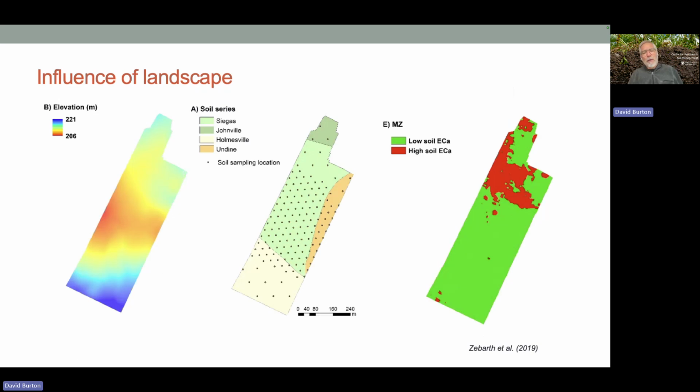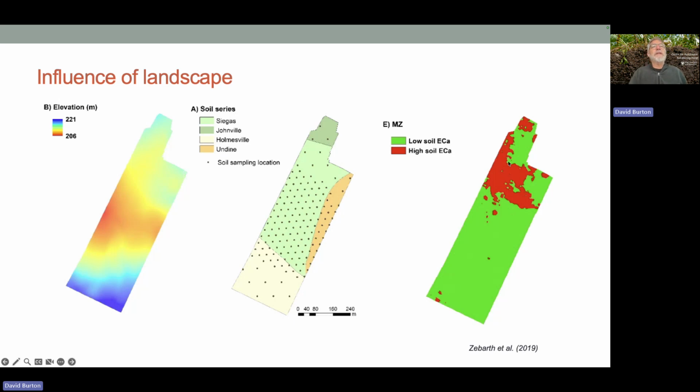If we looked at some of the other properties, here we have the actual elevation, and you see that the field had a low spot in the middle. This particular soil series was associated with the lower regions, this series with the higher elevations, as was this series. And then there's another little intrusion there that was probably from some sort of variation in the parent material.